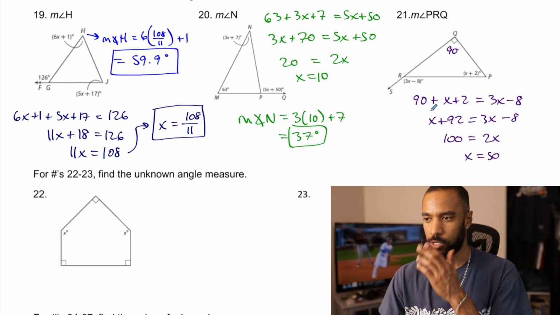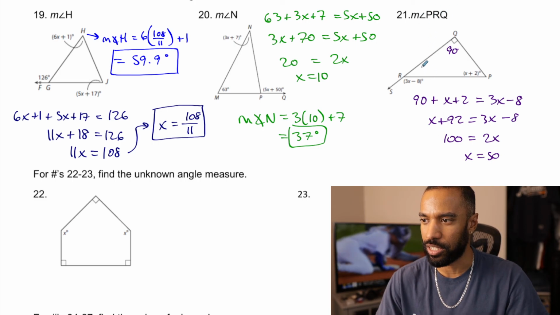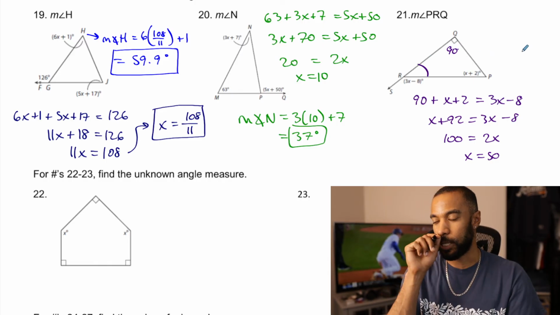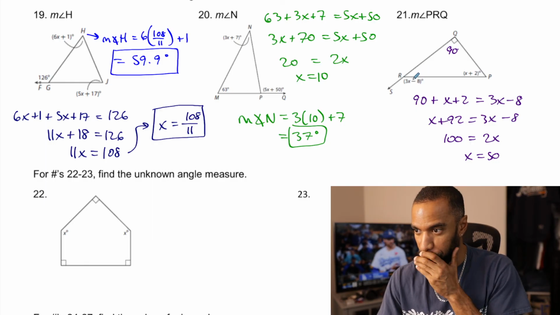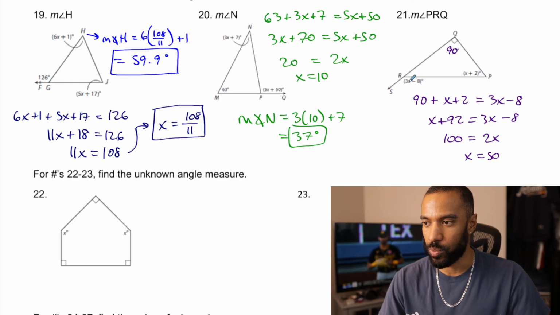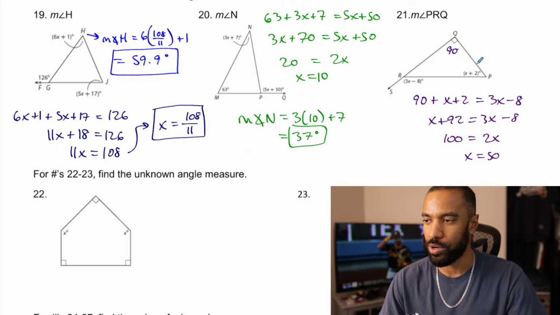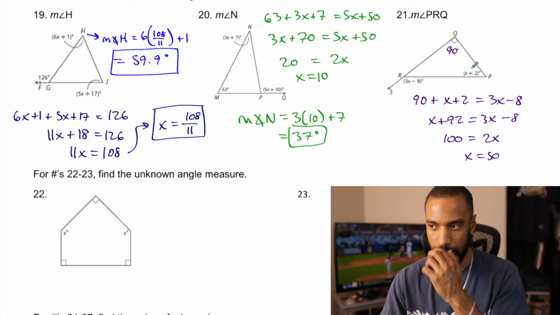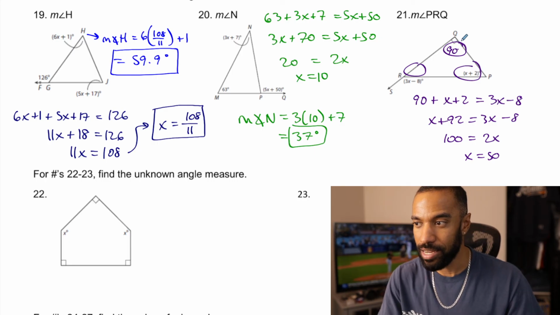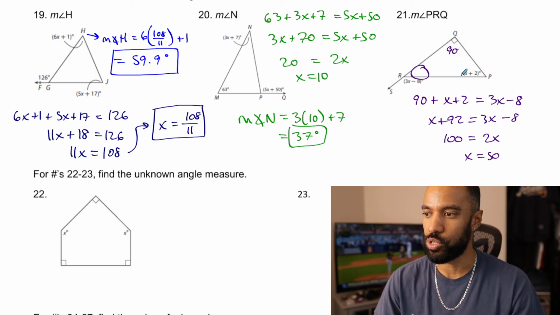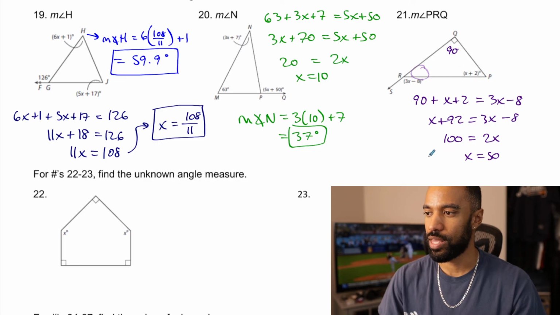Now this one's interesting because we do have to find angle PRQ. It's this one right here. So you kind of have options right here. If you find this one right here, you can subtract that from 180, or you can find this one and subtract it from 90. If these three angles add to 180, and if 90 is one of your angles, then these two just add to 90. So let's try that one.